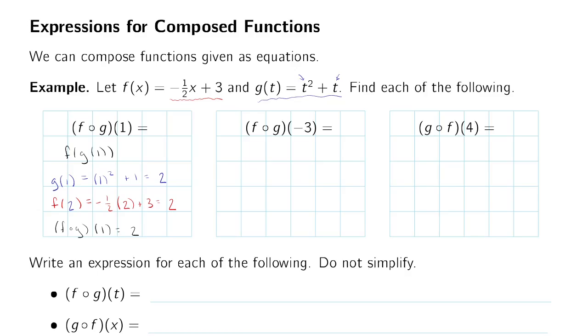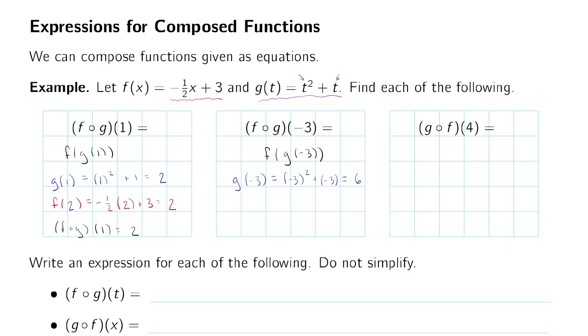If we want to take f composed with g of negative 3, that's going to be f of g of negative 3. So first we'll take g of negative 3. That's going to be negative 3 squared plus negative 3. That'll be 9 plus negative 3 is 6.